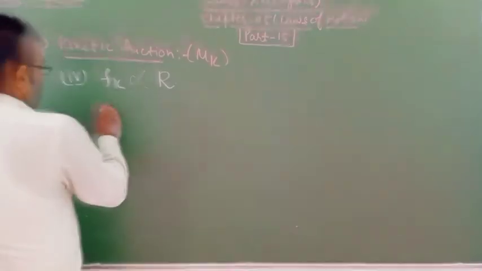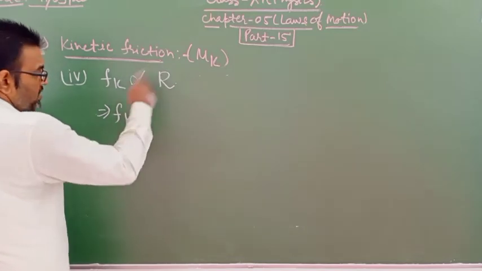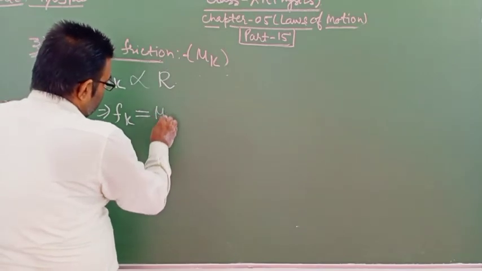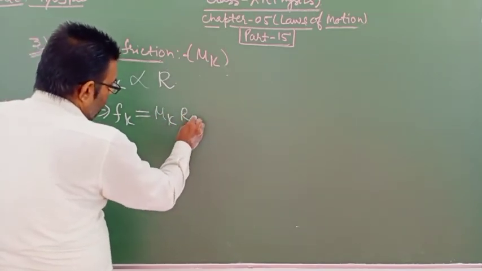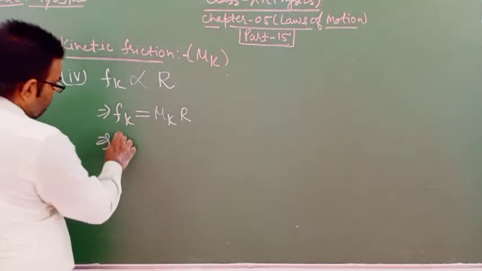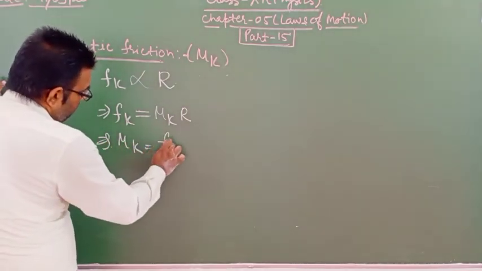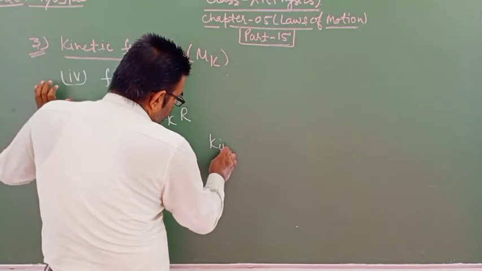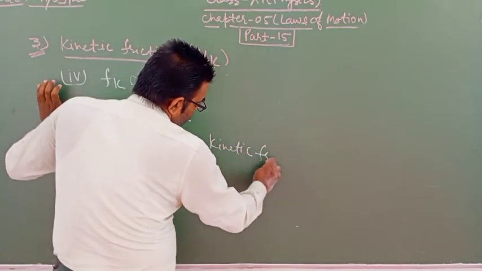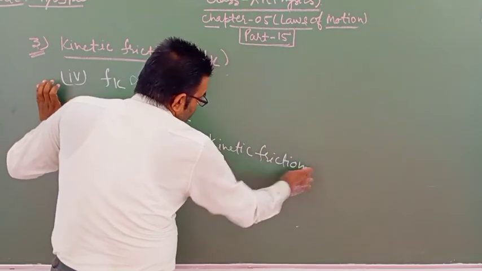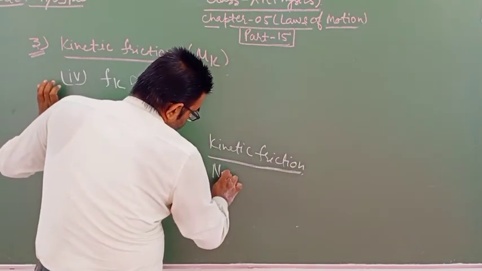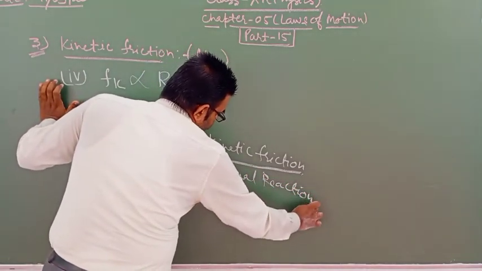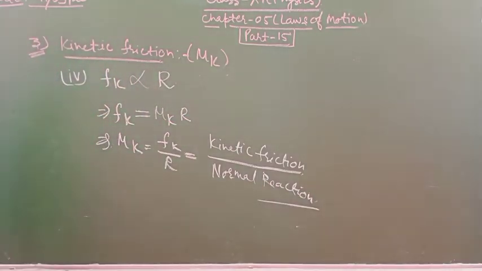Now we can write here, replacing the proportionality with an equal sign, that we have to put a constant over here, and this is mu k R. From here we can write the coefficient of kinetic friction mu k is equal to Fk upon R, that is kinetic friction upon normal reaction.